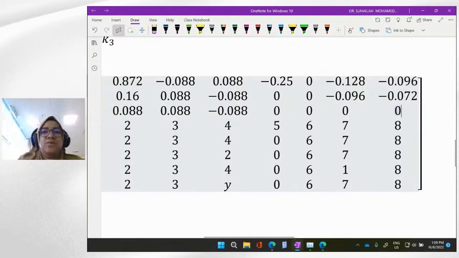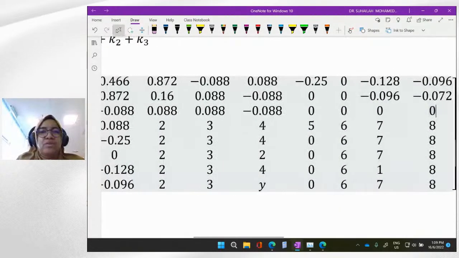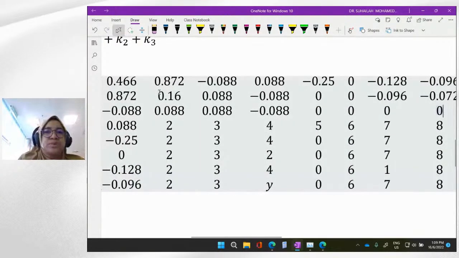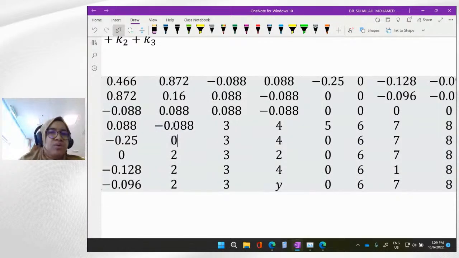Okay, so we can complete row number 3 as well. So we have 4, negative 0.088. The rest is 0, 0, 0.